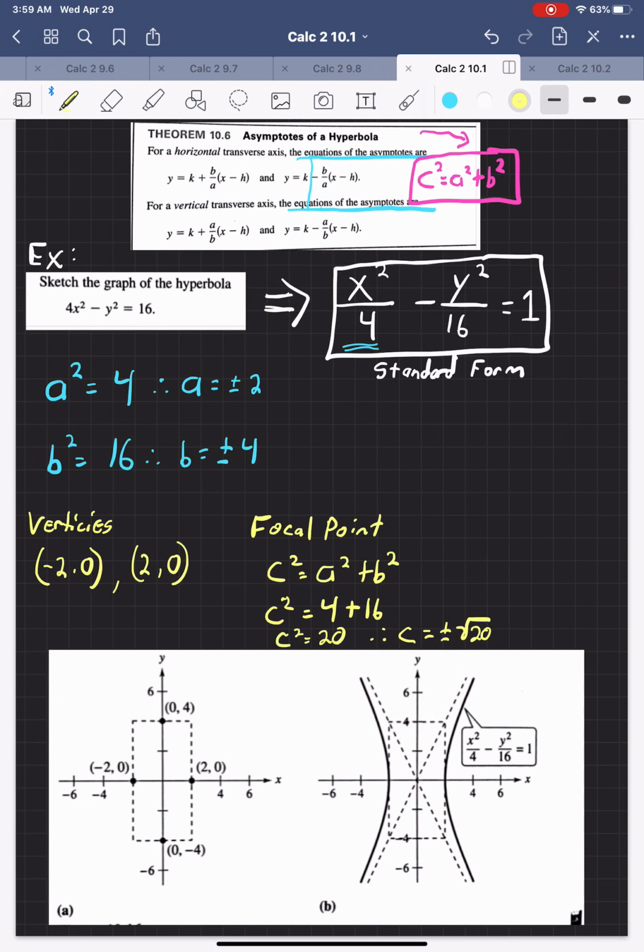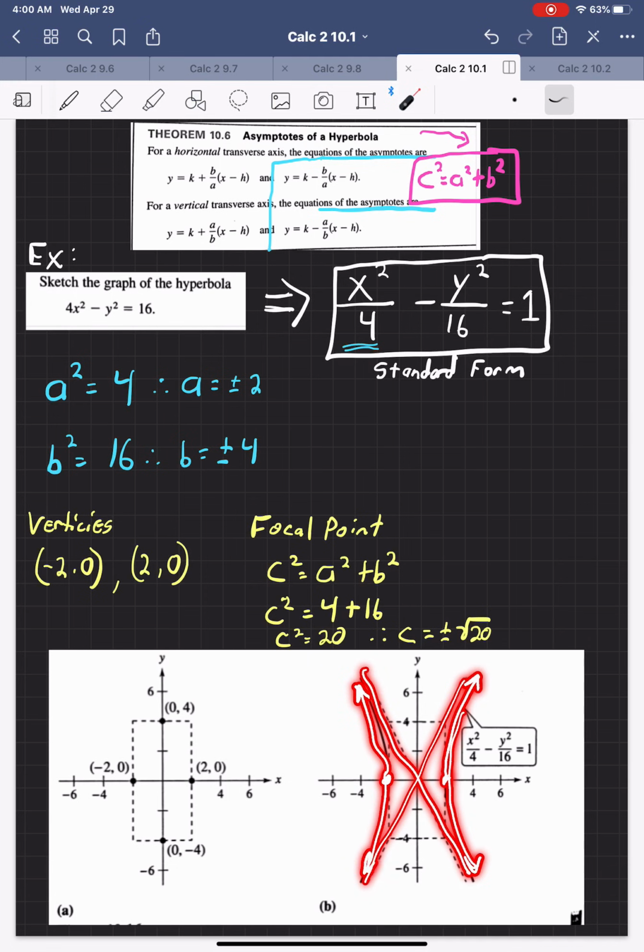It appears I must have moved things when I was using my palm. All right, so these are the equations for the asymptotes: y equals k minus a over b times x minus h, and y equals k minus b over a times x minus h. I'm going to wrap this up: you can use these asymptotes along with these vertices to sketch a decent hyperbola, if you had to go at it by hand.